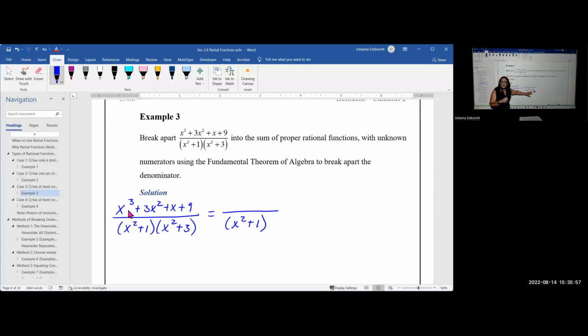It is quadratic, so its numerator must be linear, ax plus b. Then we need one term for the other factor in the original denominator, x squared plus 3. It's quadratic, so its numerator also must be linear, cx plus d. And we tend to go alphabetical.